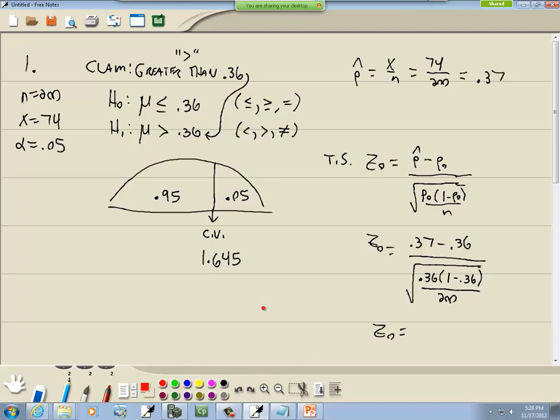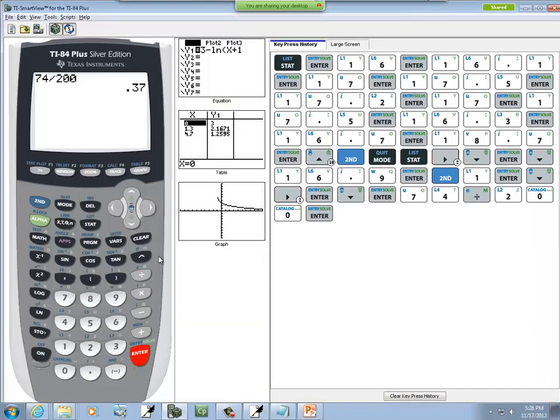Now when you plug this in a calculator, you want to make sure you put parentheses around the top part. The bottom part we don't need to worry about, because when it's in one square root, it's considered like one number in terms of the calculator.